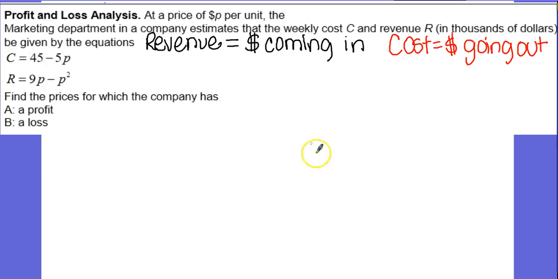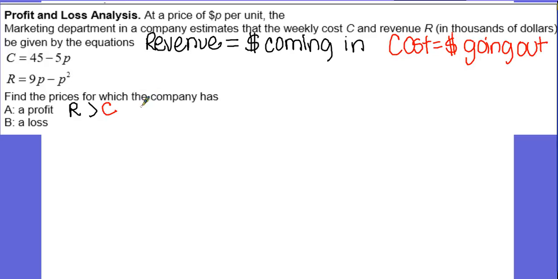Makes sense. Okay, so if I'm making a profit, then my revenue, black pen again, is greater than, right, my cost. I'm switching to my red pen for my C. My revenue is greater than my cost.